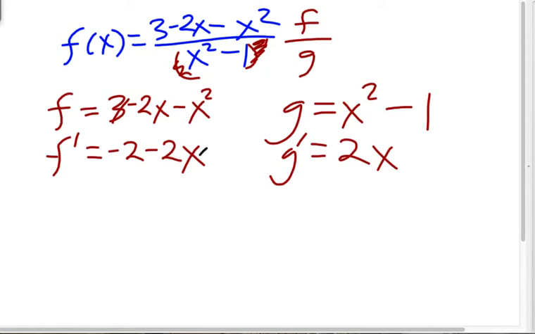So I'm going to have f prime times g. And it's important in quotient rule that you do f prime times g first because you're subtracting. So let's do that.